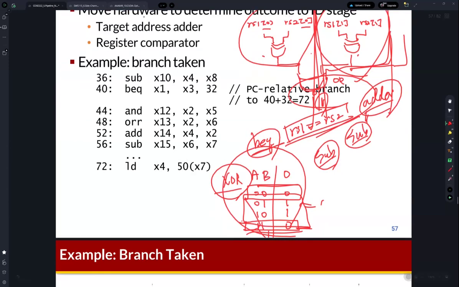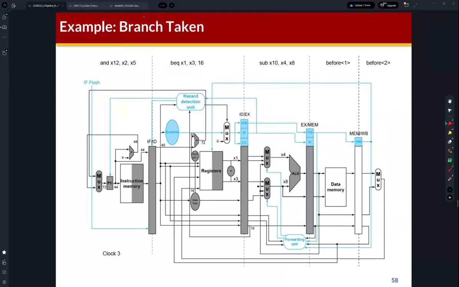So we want to make the branch instruction resolved earlier, right? When the branch instruction is executed, it reads source register values RS1 and RS2 from the register file in the ID stage.